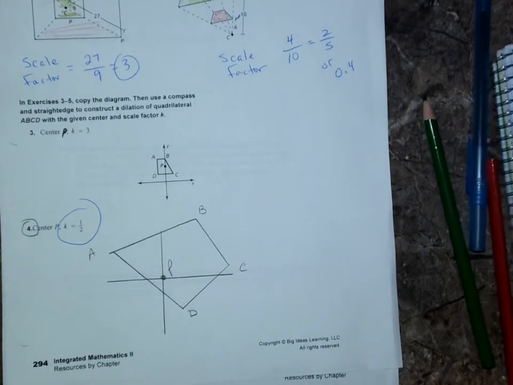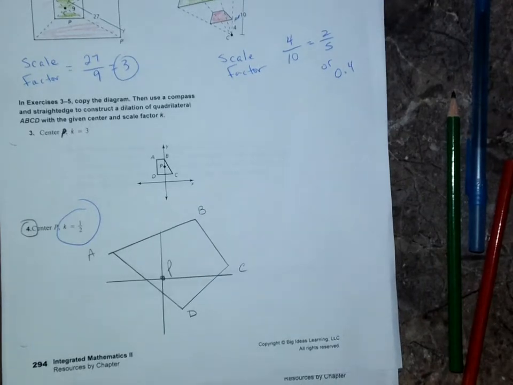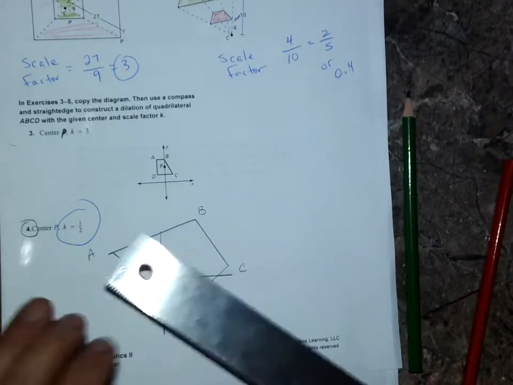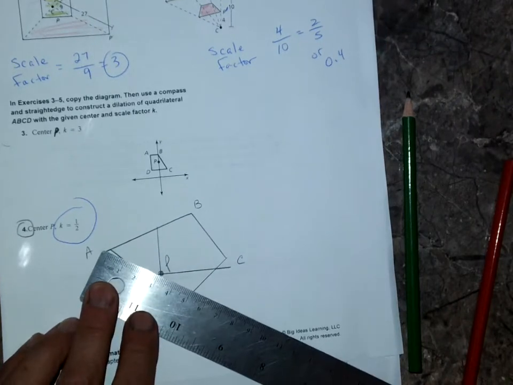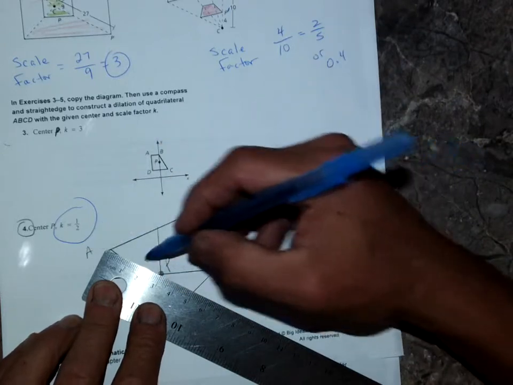Where did I put my ruler? I did bring it out here. There it is. So if I measure, and watch how I do this, I like centimeters, so much easier. That's about 3 centimeters. I'm going to take half of that. It's going to go to 1.5.